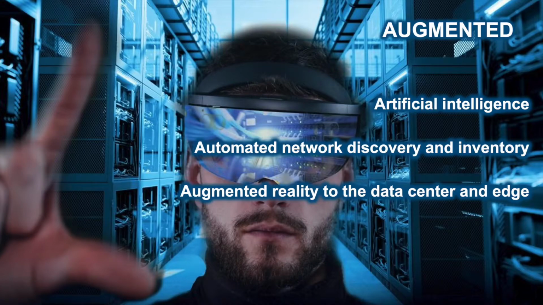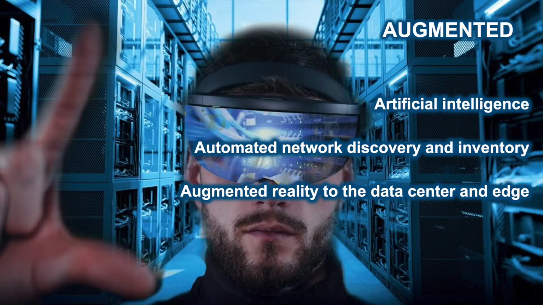The cutting edge of automation is moving into the world of augmentation, where we're beginning to see things like using artificial intelligence to help people identify potential issues in their data center or anomalies before they occur, or help them place assets in more advanced ways than has ever been possible.